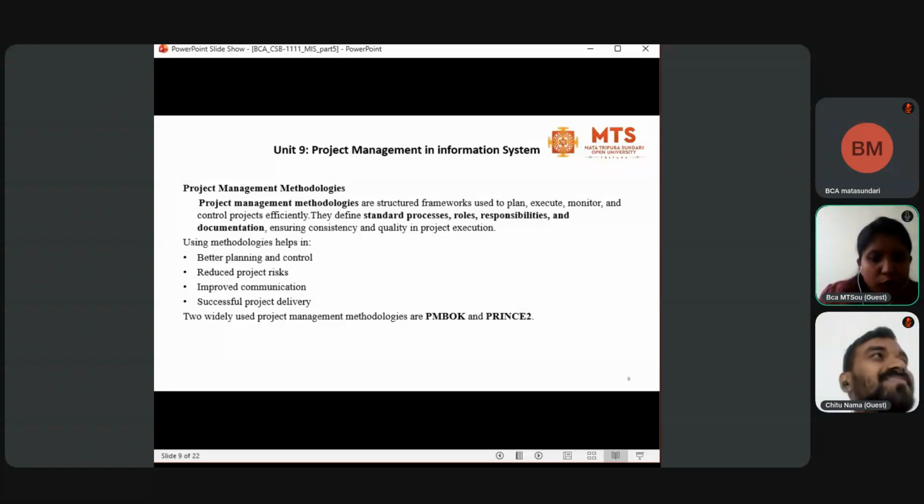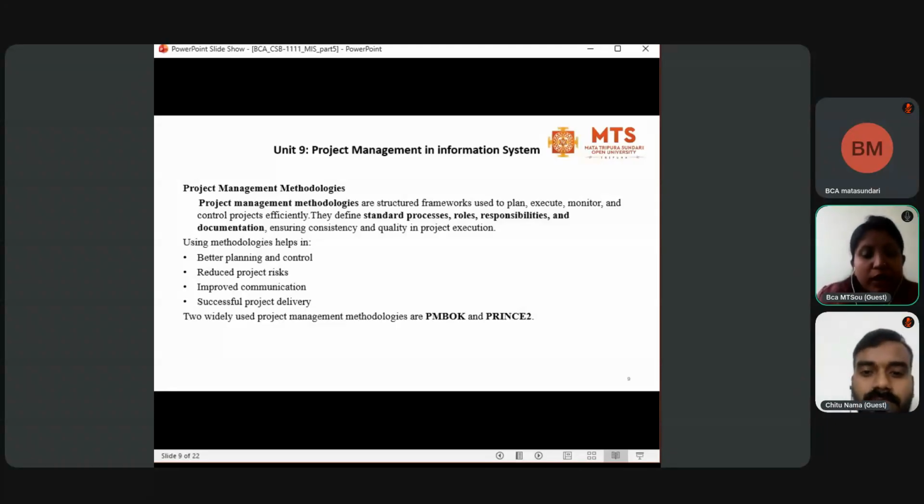Two widely used project management methodologies are PMBOK and PRINCE2. These are the two methods. First one is Project Management Body of Knowledge, and second one is PRojects IN Controlled Environments. So there are two types.